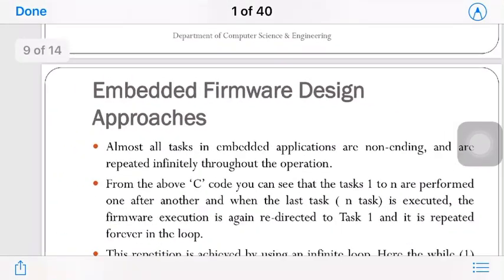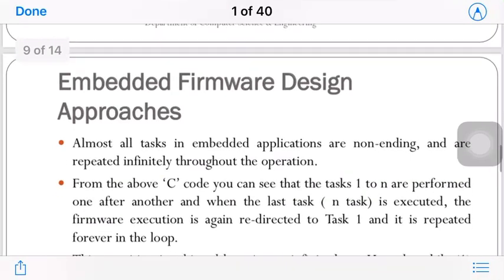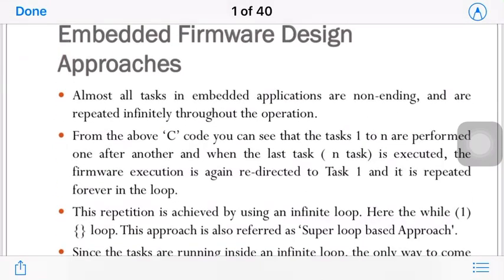Almost all the tasks in embedded applications are non-ending and are repeated infinitely through the operation. Not for all embedded systems, but in many embedded systems the tasks are non-ending. Take the example of a traffic control system.